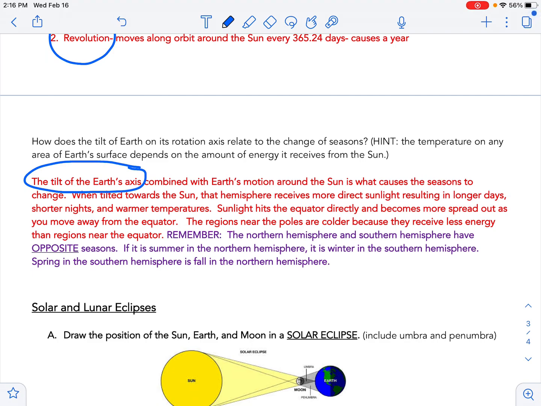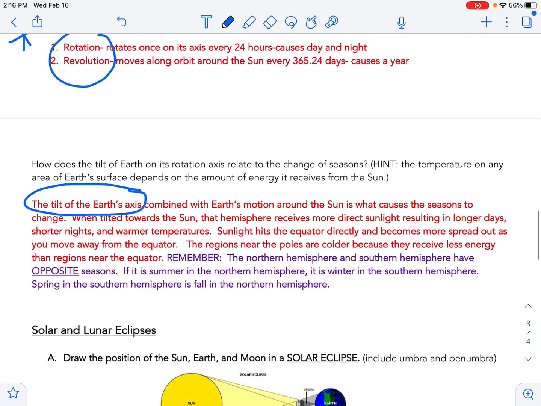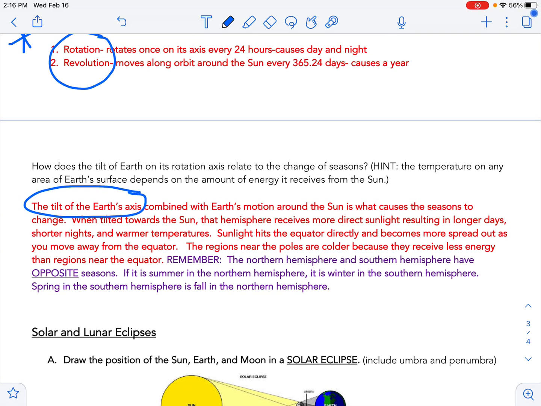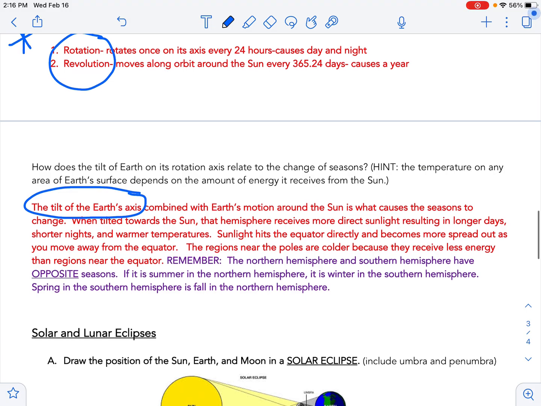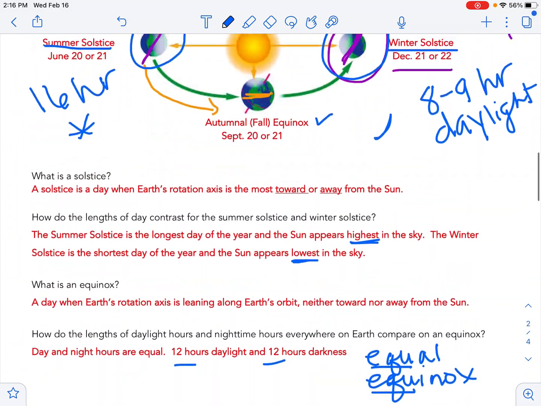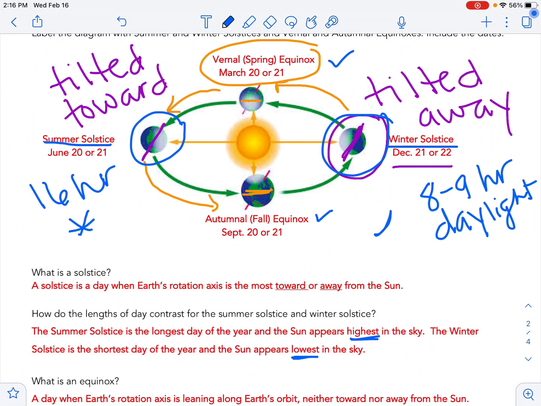When tilted toward the sun, that hemisphere receives more direct sunlight, resulting in longer days, shorter nights, and warmer temperatures. Sunlight hits the equator directly and becomes spread out as you move away from the equator. So if we look at our picture here, right here we are tilted towards, so this is going to be on this half here, we're going to be tilting more towards the sun.